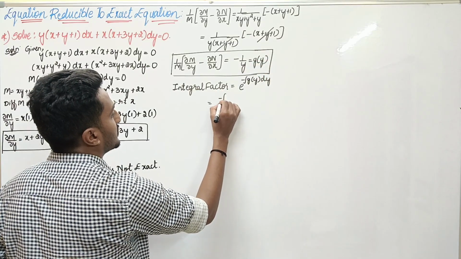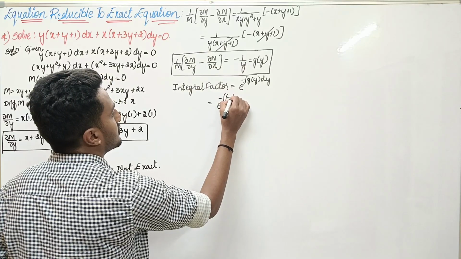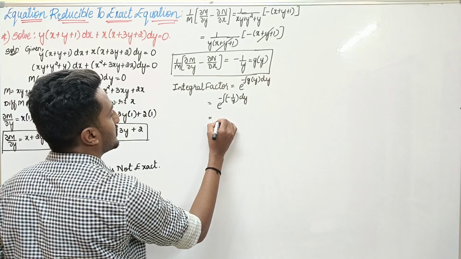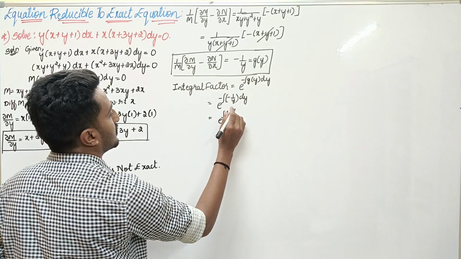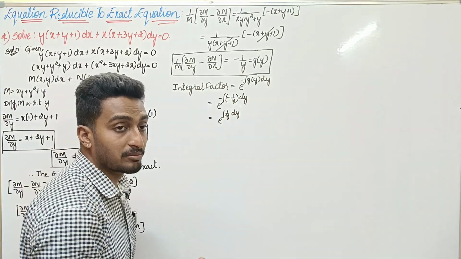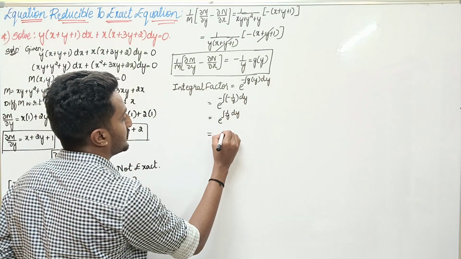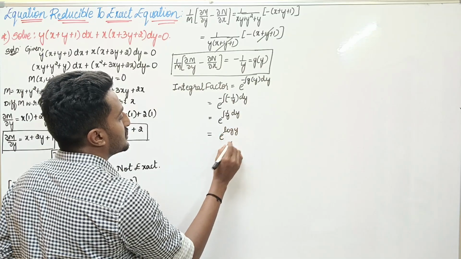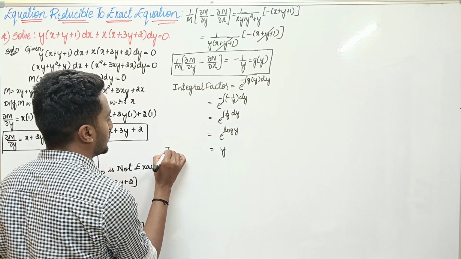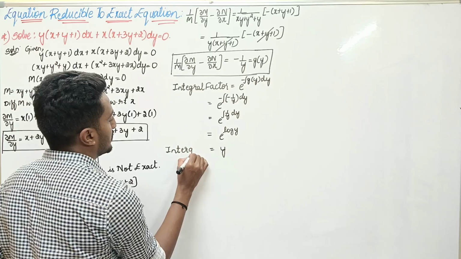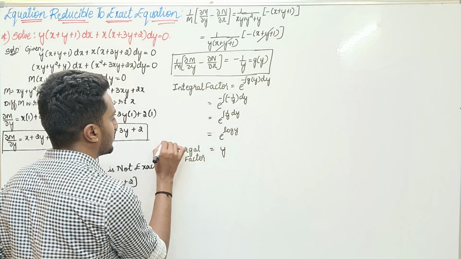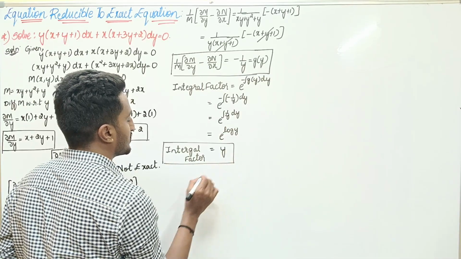So e power of minus integral of minus 1 by y dy; minus into minus gives plus, e power of integral of 1 by y dy. Integration of 1 by y is log y, so e power of log y. Since e and log cancel, you get only y. The integrating factor is equal to y.